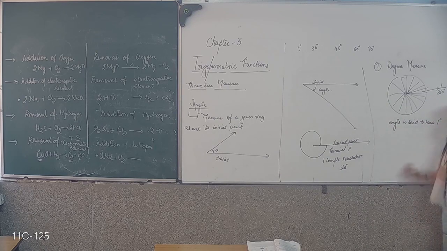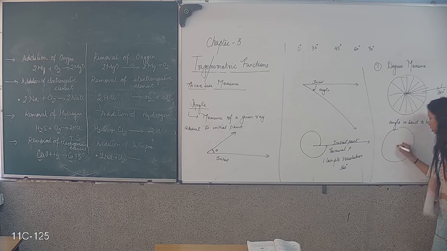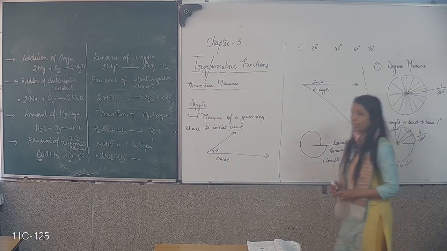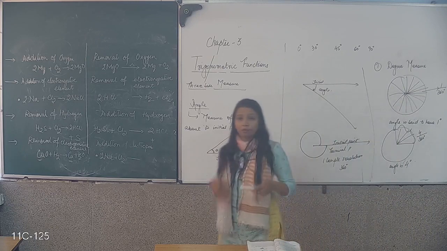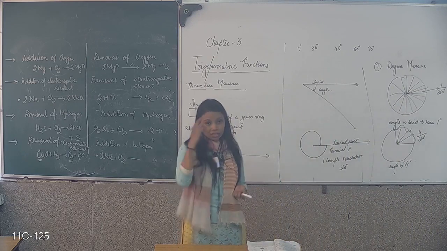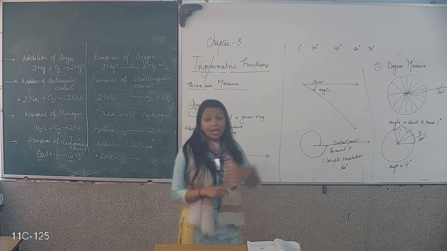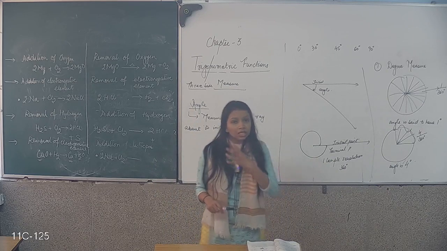Okay? For example, if I have another circle and I take 4 parts of the 360, then we say the angle is 4 degrees. ठीक है, तो जितने parts I am taking from the entire revolution, if I am taking 36 parts, that is 36 by 360, then we say that the angle has 36 degree.